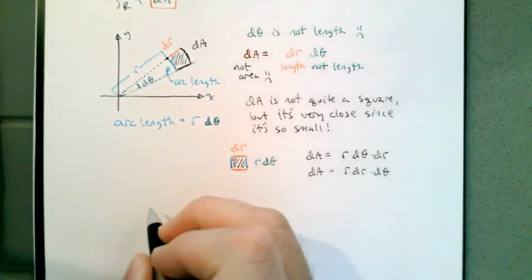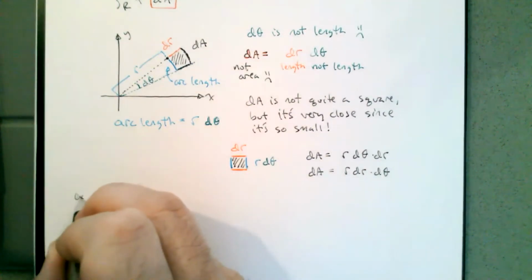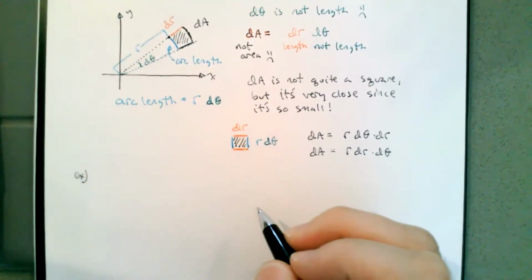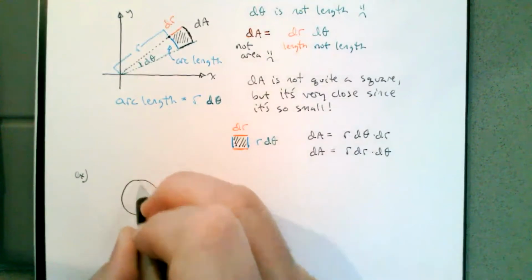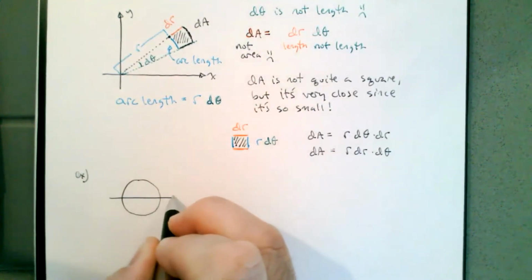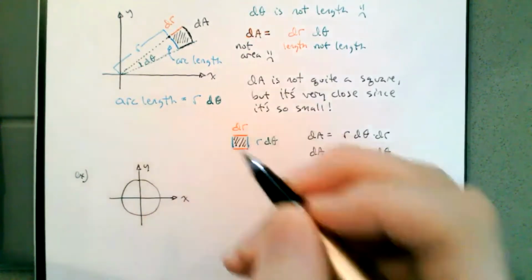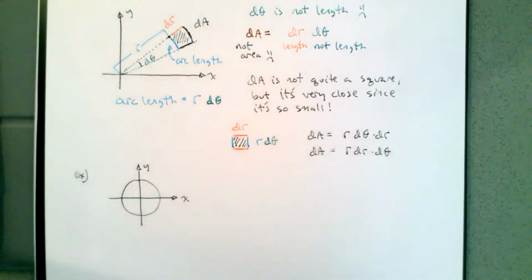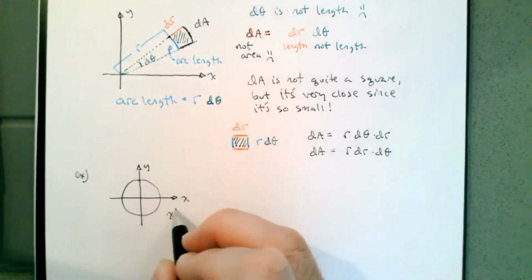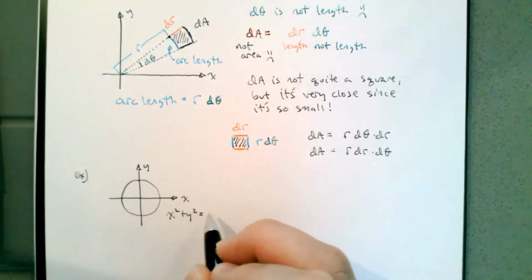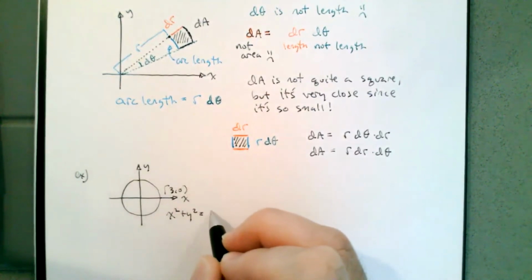So if we imagine that circle that we had before, we know that the equation of the circle is x squared plus y squared is equal to, I'm going to use 3 again, 3 squared.